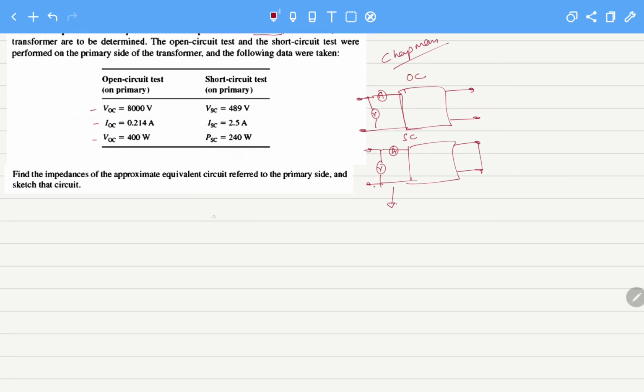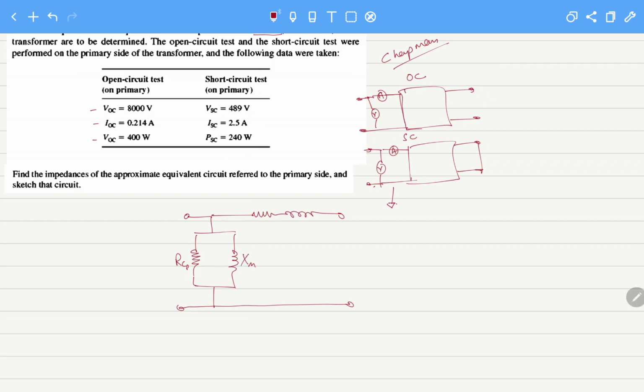So the equivalent circuit that we need to find the values of is actually this equivalent circuit. This is RC, which will be reflected to the primary or the high voltage side in this example also.